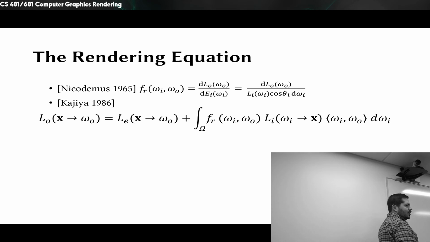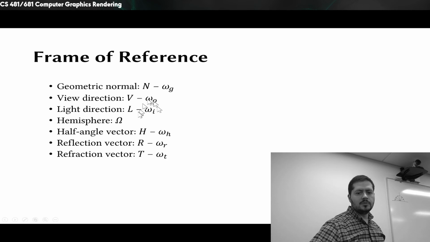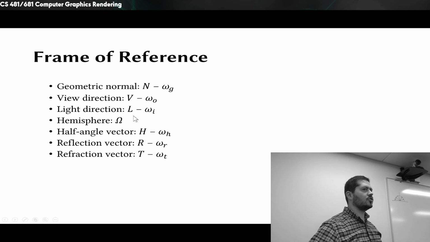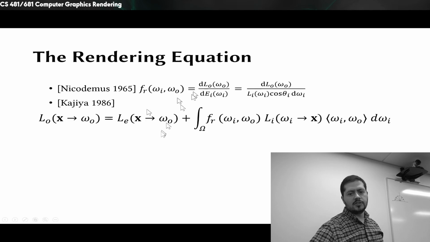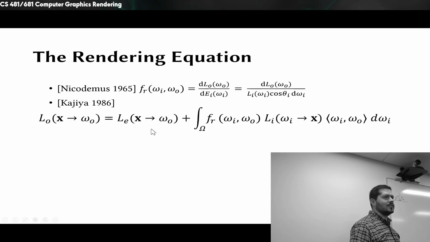We get so caught up in this idea of eye, surface, light, that we start to miss the point of what's actually happening. The rendering equation is not really telling us how much light is going to get to our eye. It's just saying how much light is leaving a point.